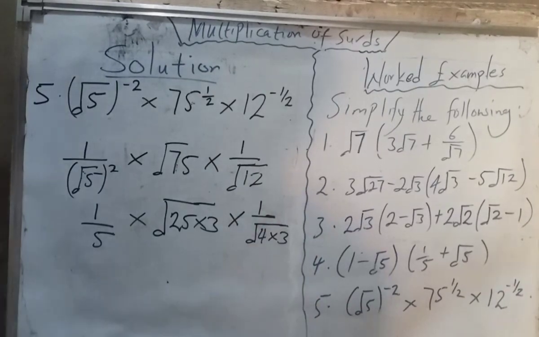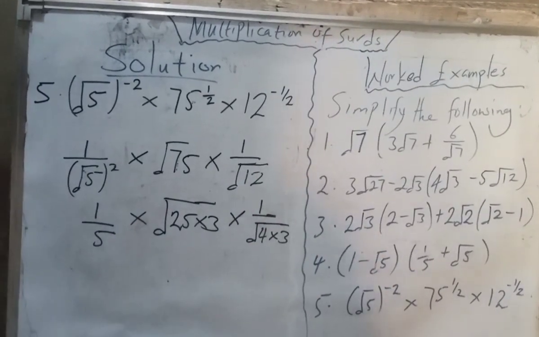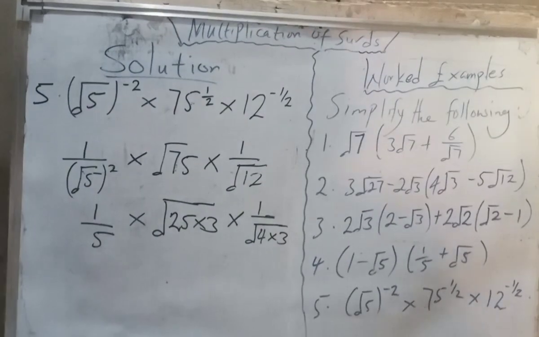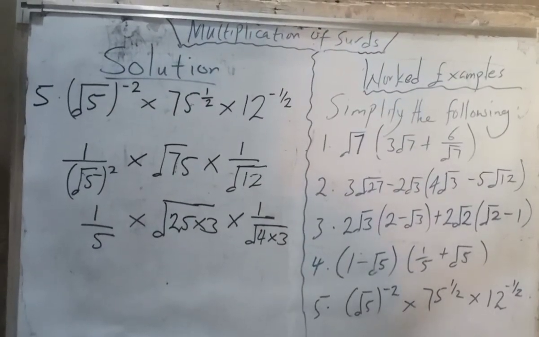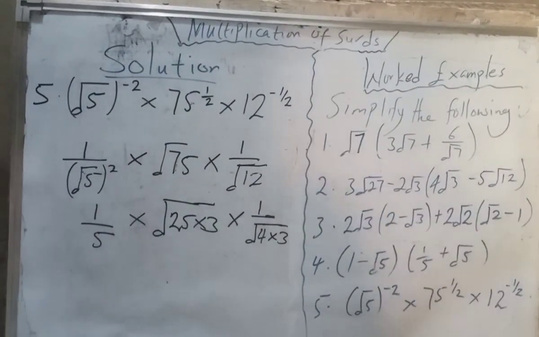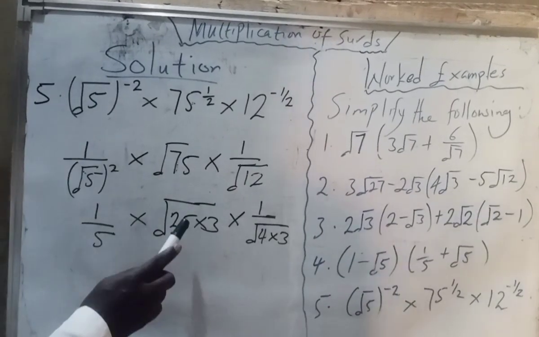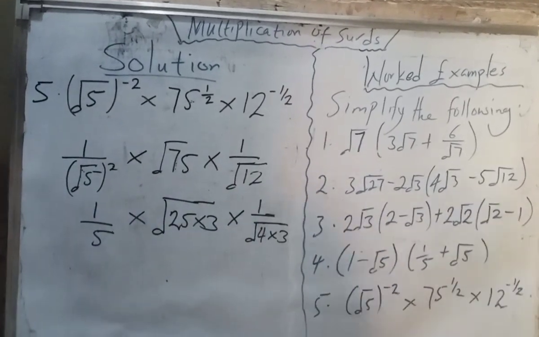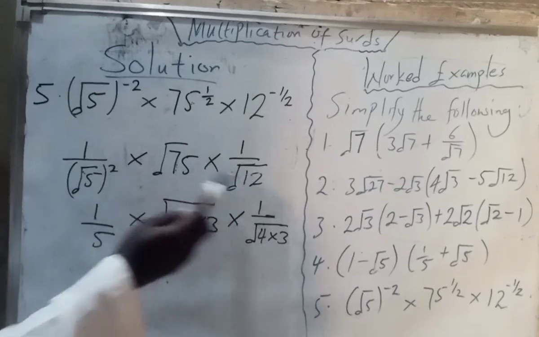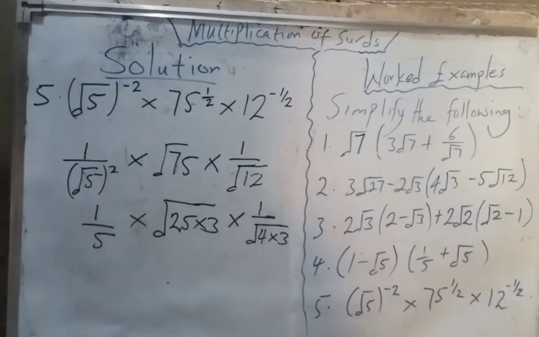Remember, in our previous lesson, we said to simplify by finding a perfect square that multiplies by a whole number to give us the number in question. So 25 and 4 are the two perfect squares we are going to use to simplify these two surds.